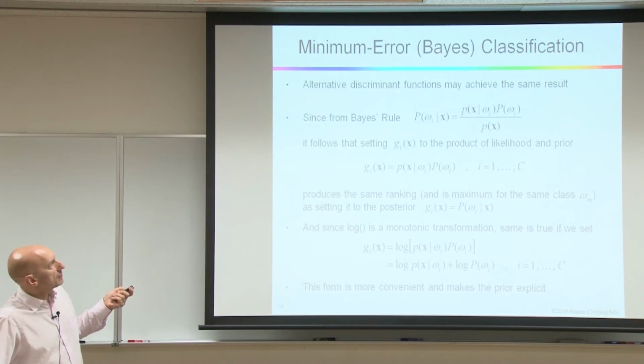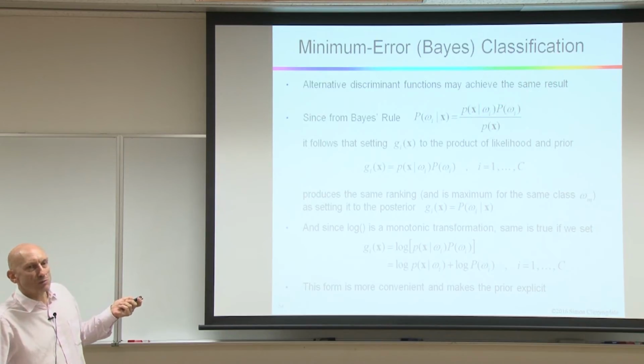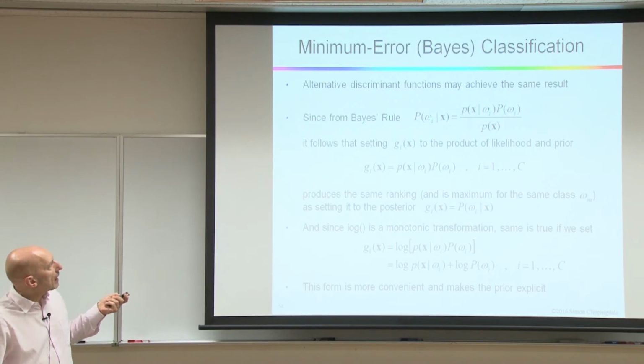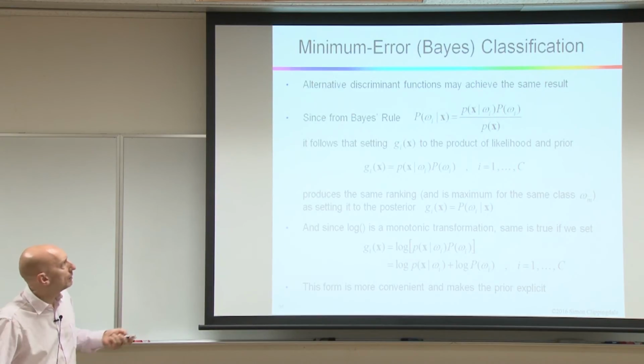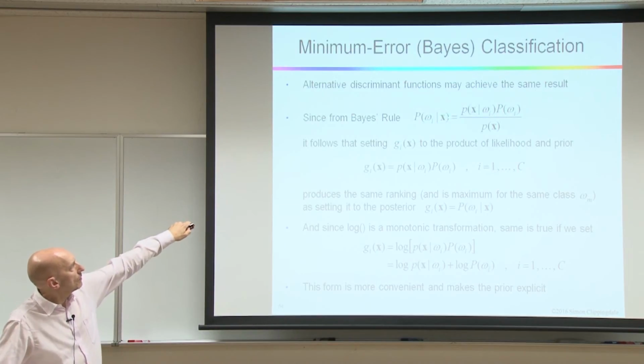There are other discriminant functions that do as well. This is a thing called Bayes rule, which you may know, where this is a posterior probability, the probability that data X came from class omega i.